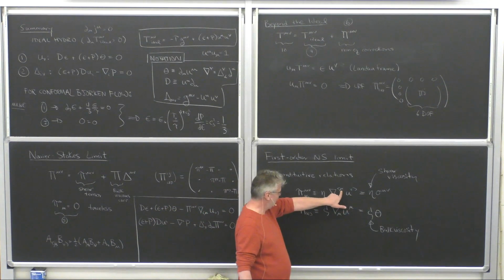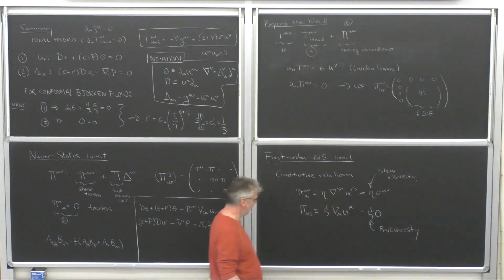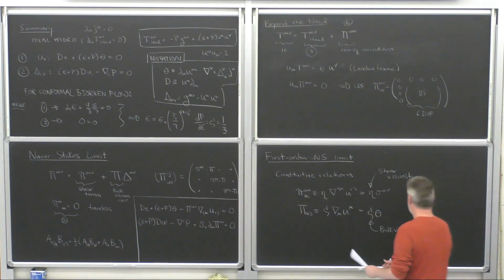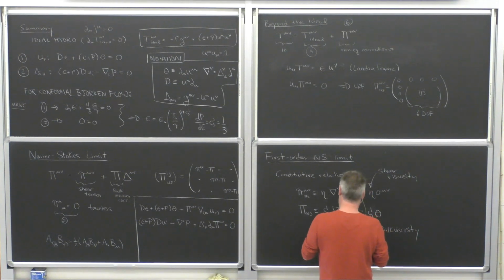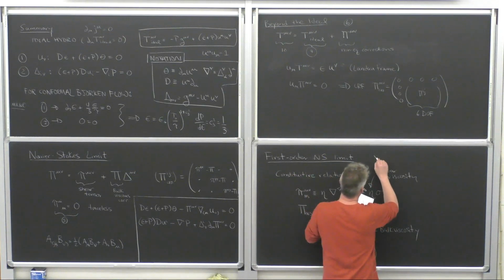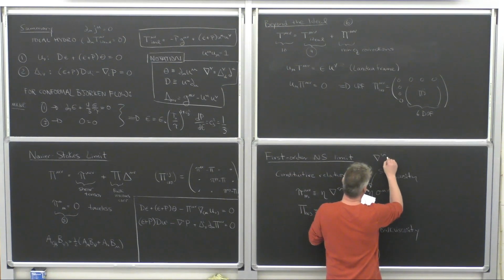Then there's some new special notation. These things are angle brackets up here. And the angle bracket is not very intuitive, but what it does is it projects out the traceless part of d mu d nu. Let me just write up the definition of what it is up here in the corner.